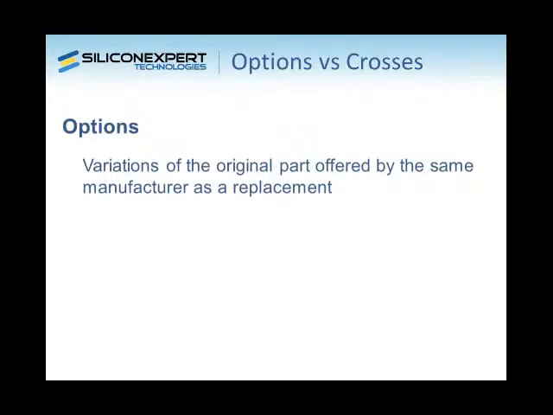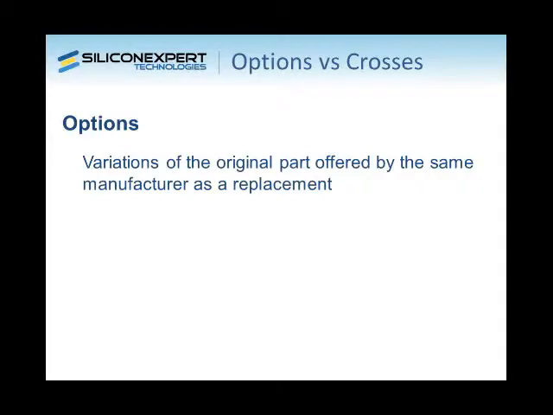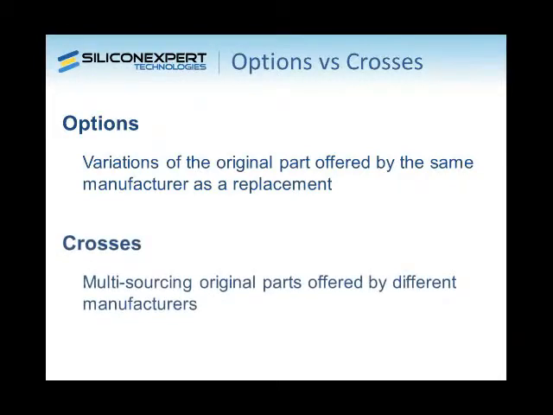Now, what are the differences between options and crosses? I mentioned the two earlier. Options are from the same manufacturer. So if you have a part from TI and you have another part which is a replacement also from TI. Crosses are from a different manufacturer.